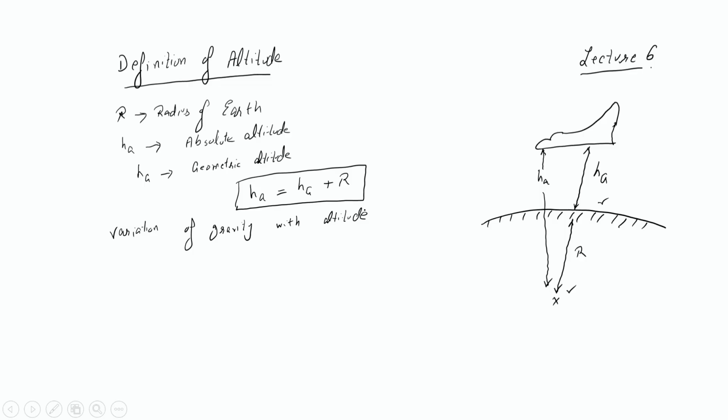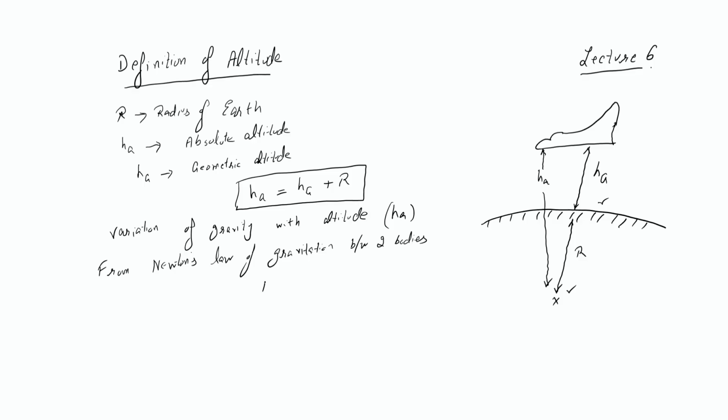Fine. How local g varies with hg, that is absolute altitude. Now from Newton's law of gravitation, consider two bodies.